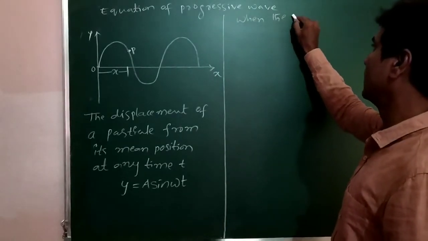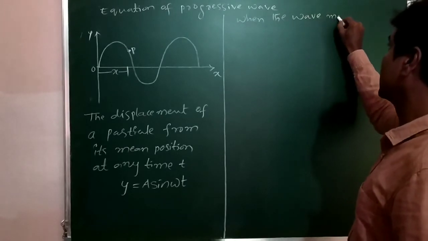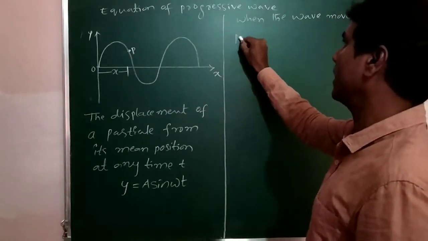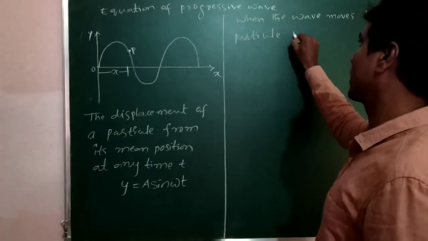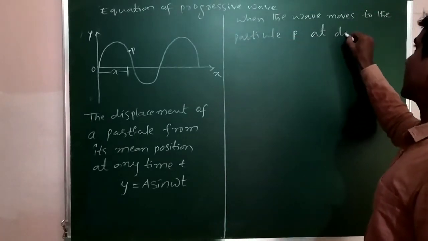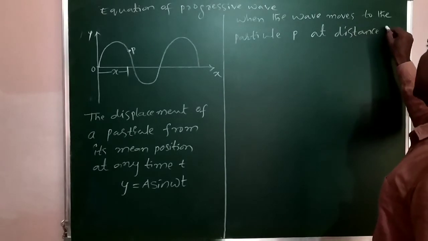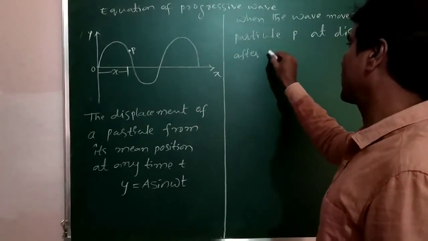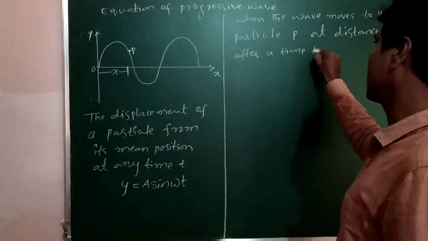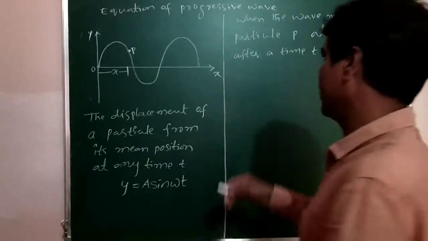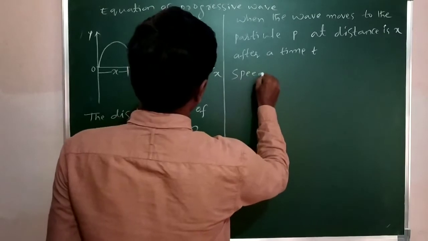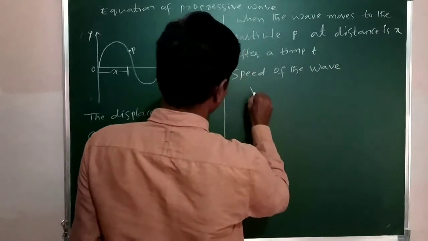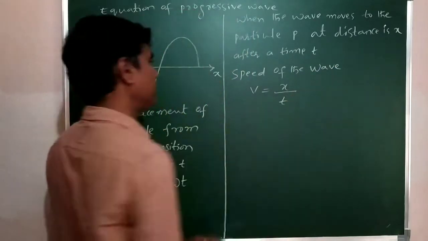When the wave moves to the particle P at a distance x, after a time t, the speed of the wave is v equal to x by t.